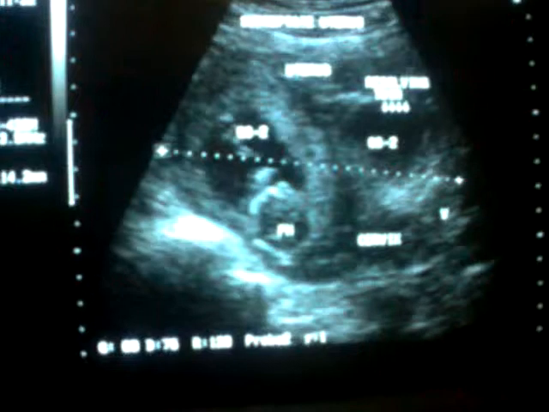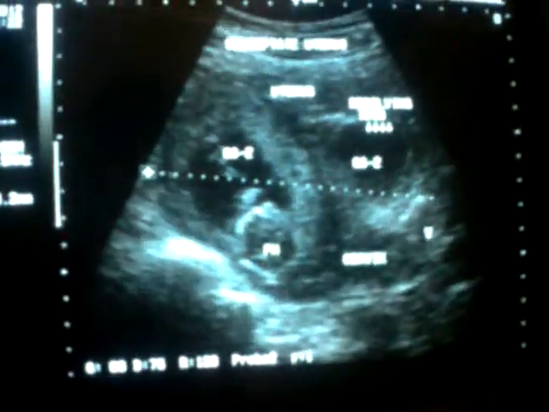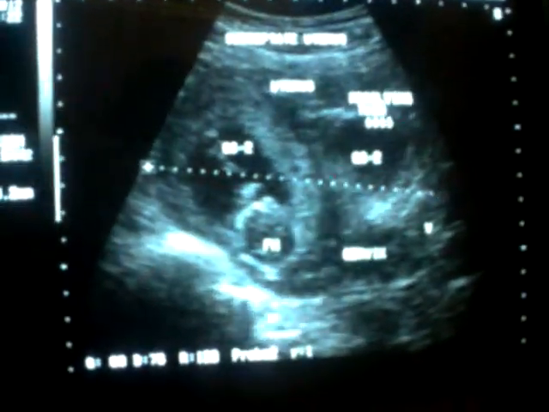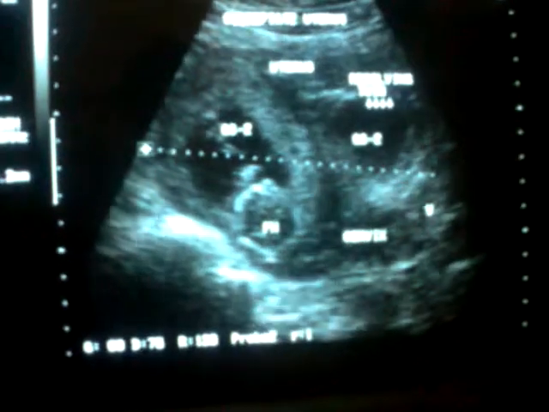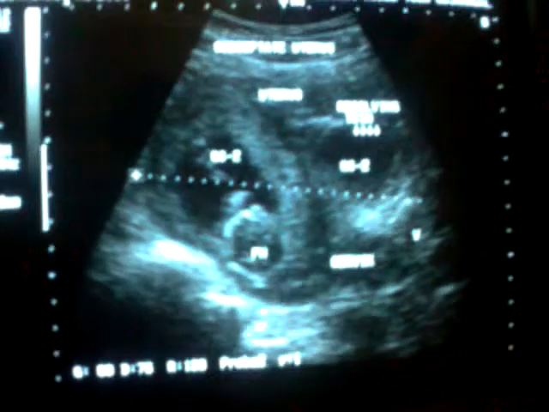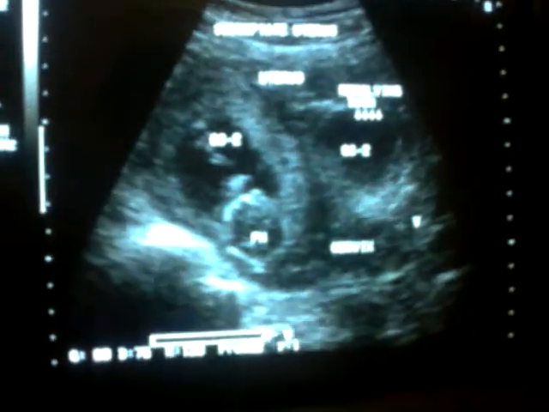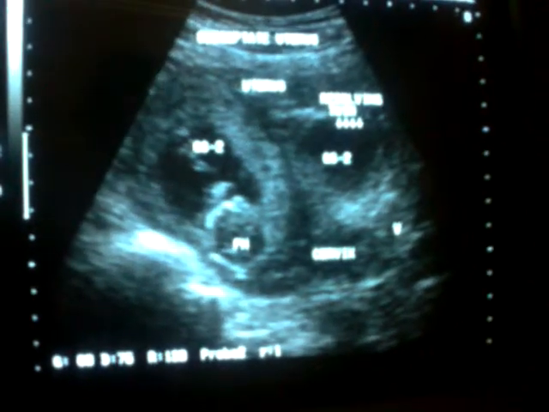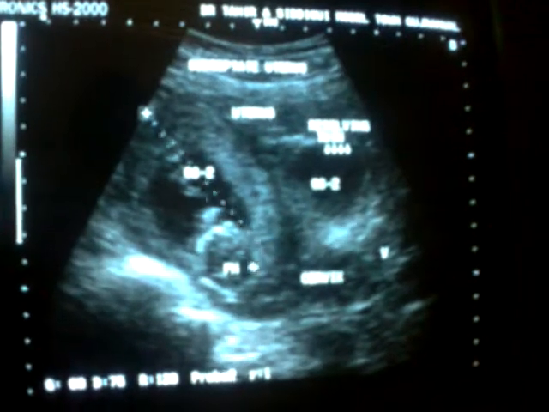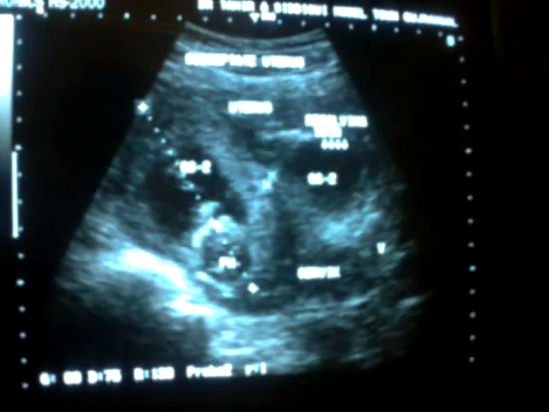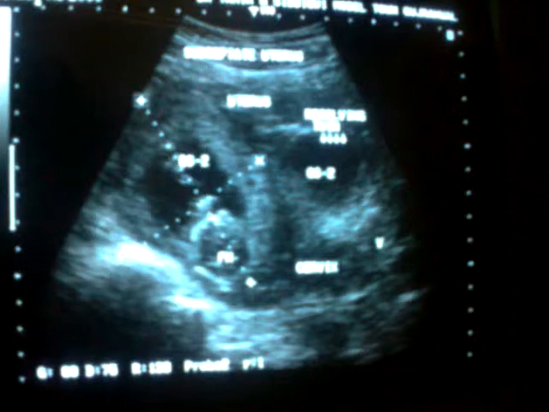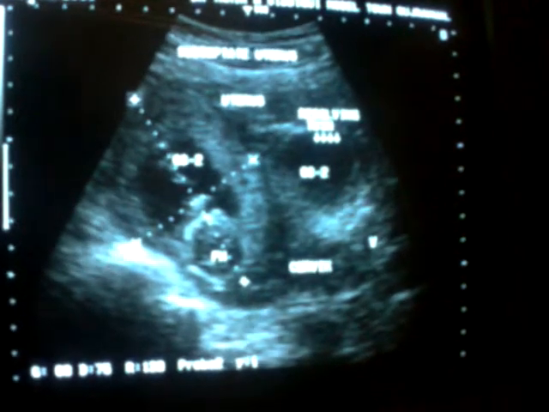Now the width of the uterus measures 11.4 centimeters, and because there are two gestational sacs, that's one, and this is the second one.